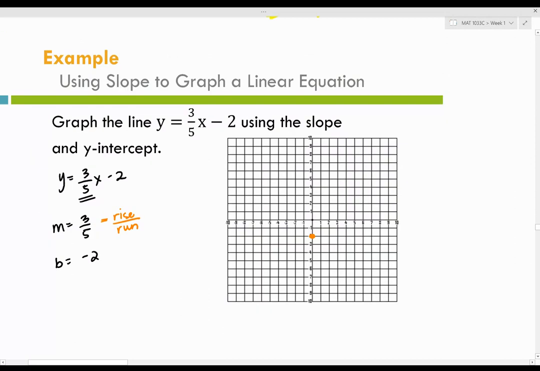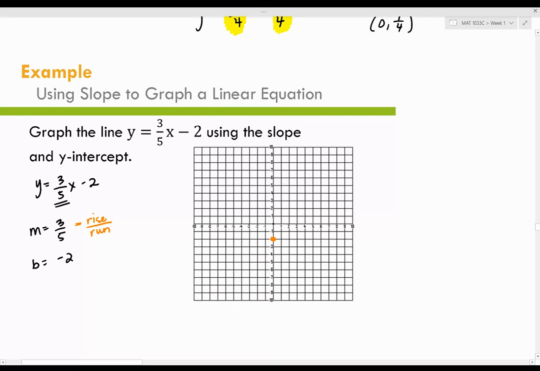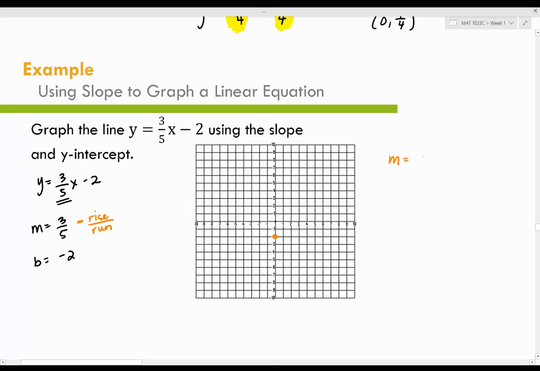So let me make a note of that for you really quickly. When we have slope and we are talking about rise over run, if I have a positive slope, that means that I'm rising, I'm moving upward, and running means moving to the right. So if I'm using rise over run, I'm moving up and then right.